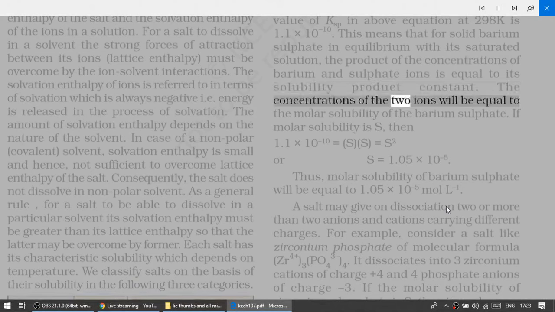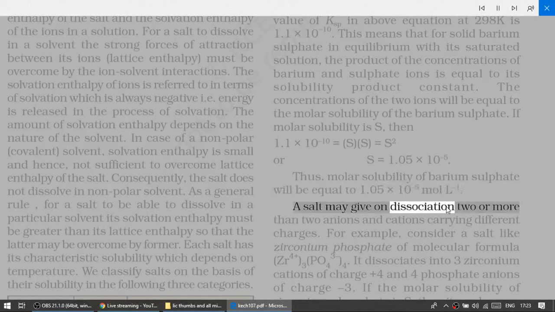The concentrations of the two ions will be equal to the molar solubility of the barium sulfate. If molar solubility is S, then 1.1 times 10^-10 is equal to S times S, which is S squared, or S is equal to 1.05 times 10^-5. Thus, the molar solubility of barium sulfate will be equal to 1.05 times 10^-5 mol L^-1.